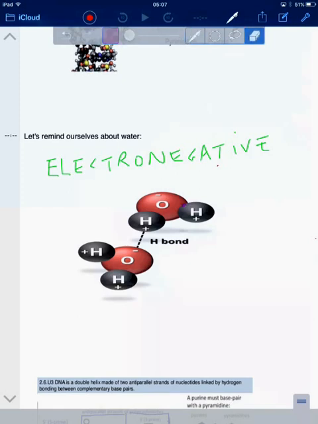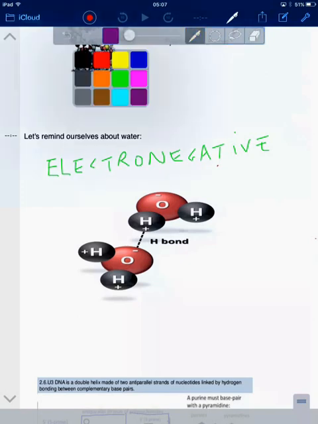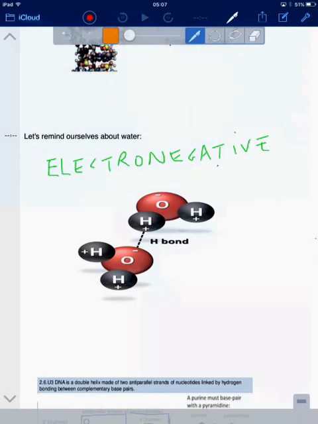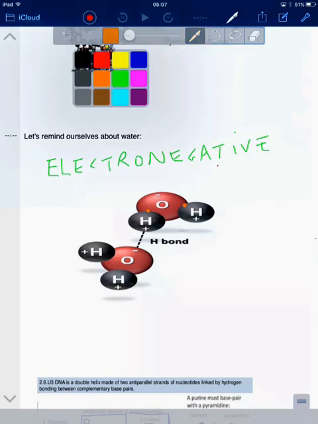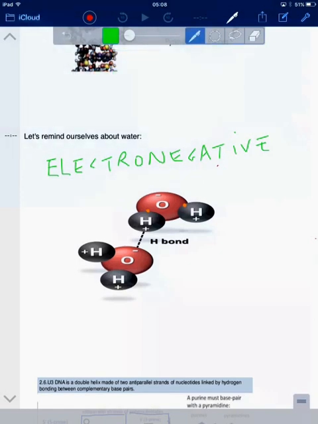So if they were dead in the middle, let's put these electrons in. That's not very clear at all. Let's choose a different colour. Let's say that hydrogen has orange electrons and oxygen and hydrogen both share. So let's make oxygen's green.